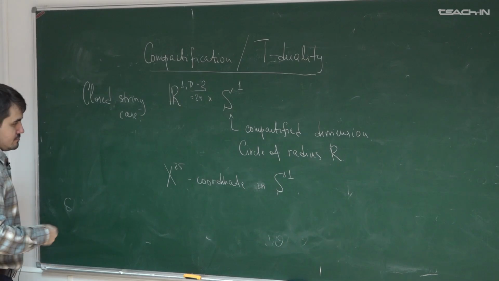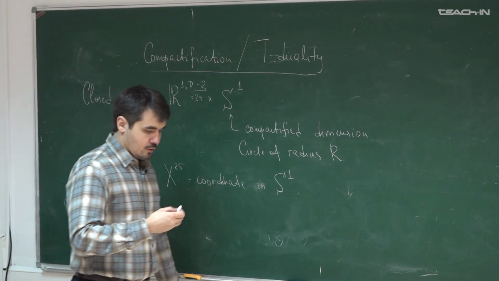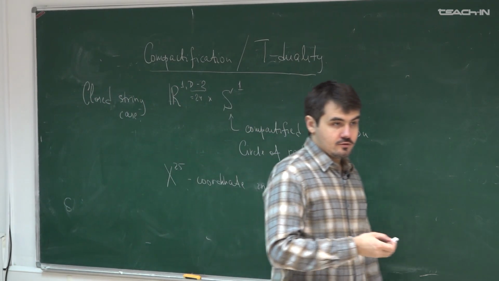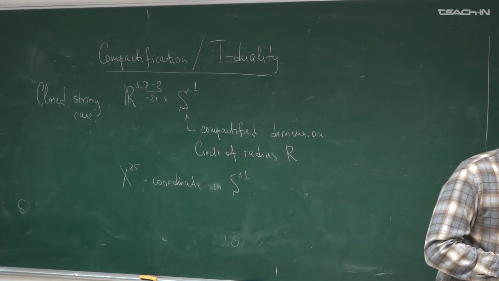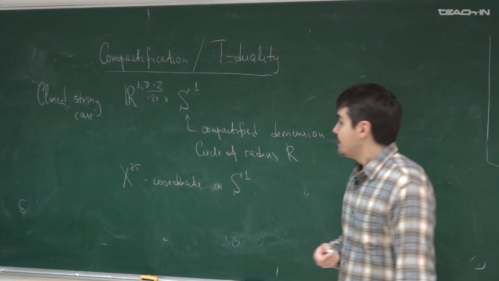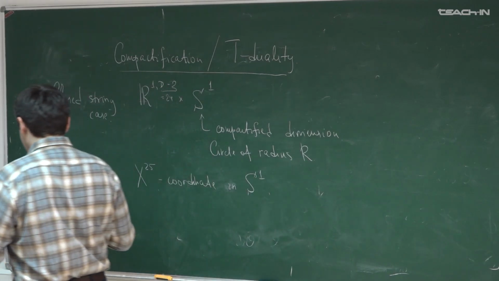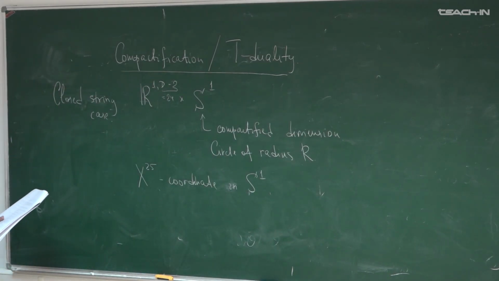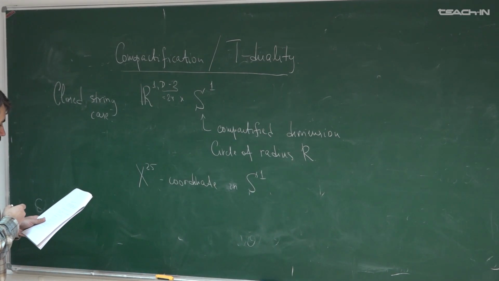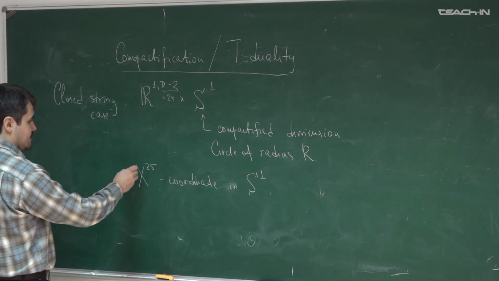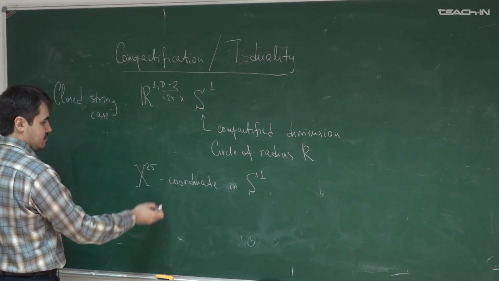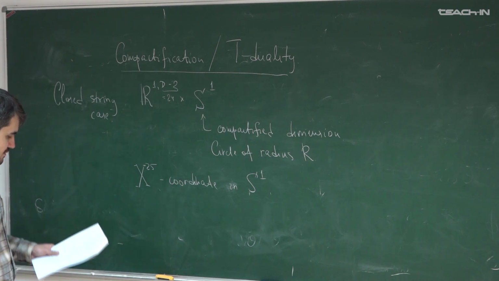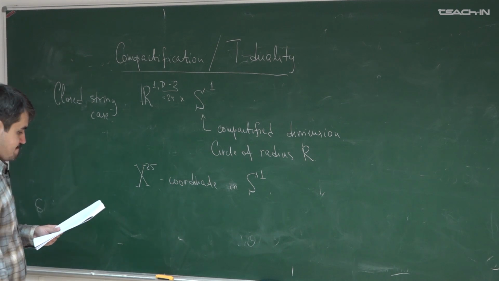And before we always required that all coordinates be periodic with respect to sigma, right? Because it's a closed string, so it's natural to have periodic dependence. But now we can slightly relax that condition because x25 is a periodic coordinate.